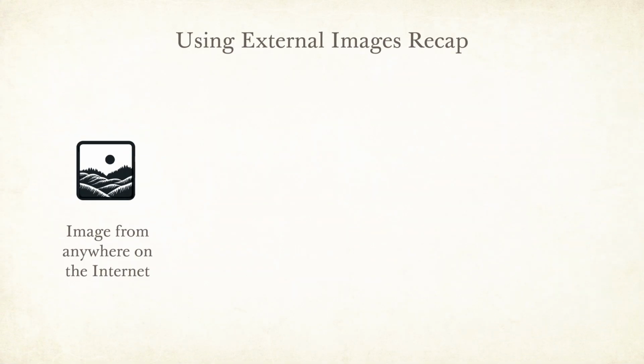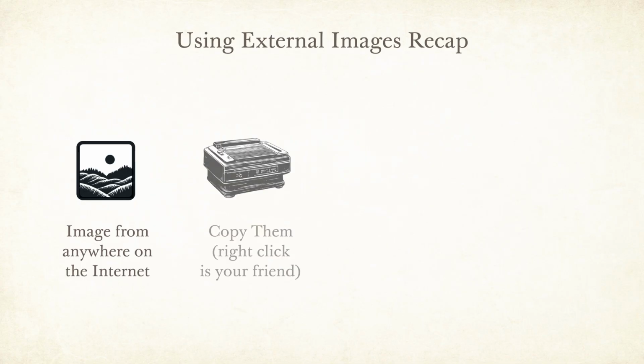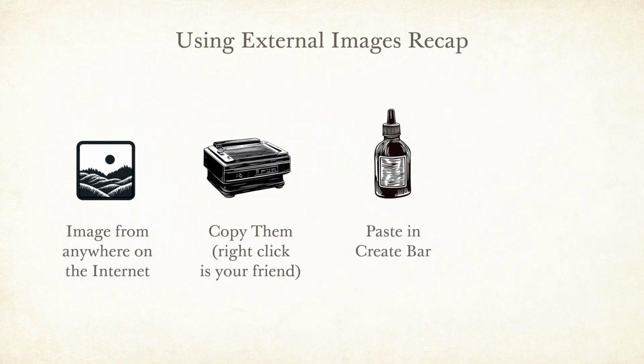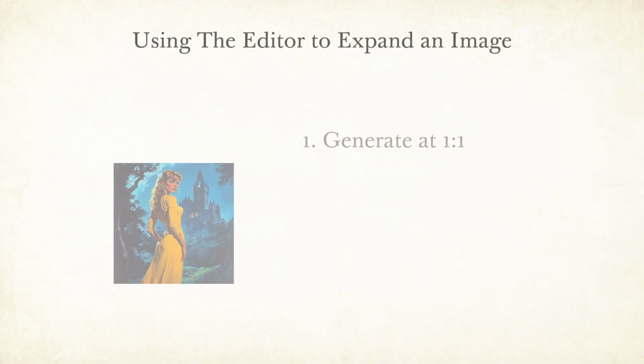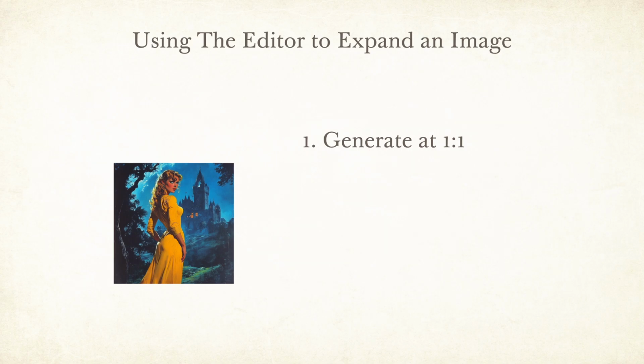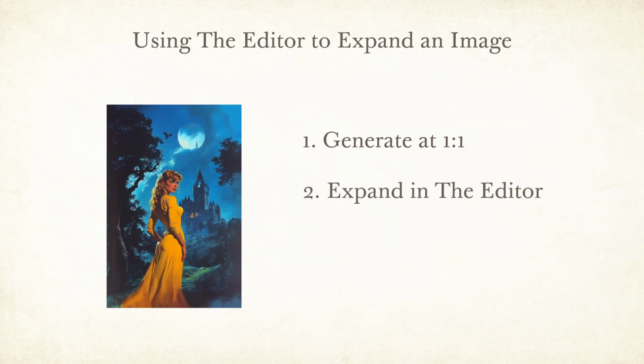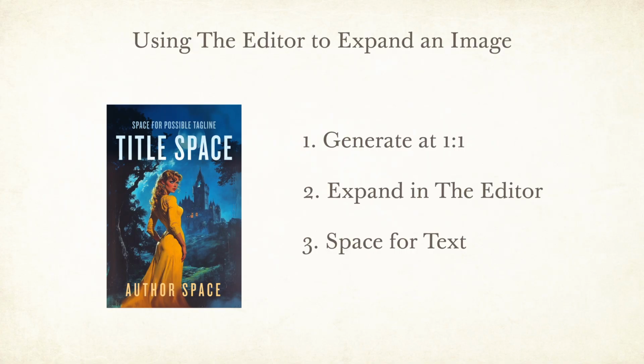To recap this section, firstly, if we want to use a style we see anywhere on the internet, all we need to do is copy and paste the image into the Create bar, remembering to select the paperclip icon to set it as the style. And secondly, designing in the aspect ratio of 1:1 allows us to expand the image to create space for the text using the editor.